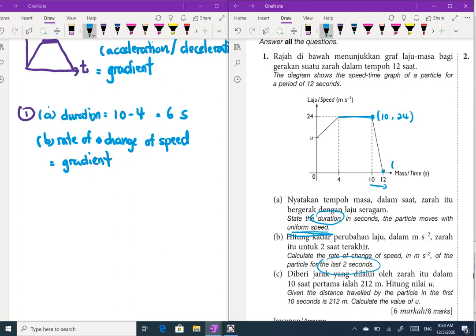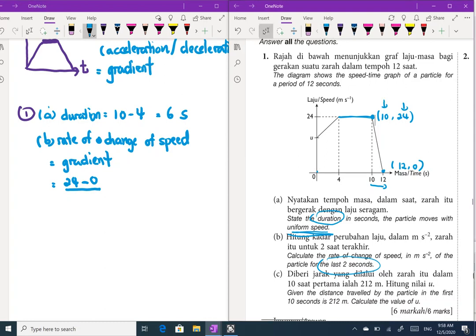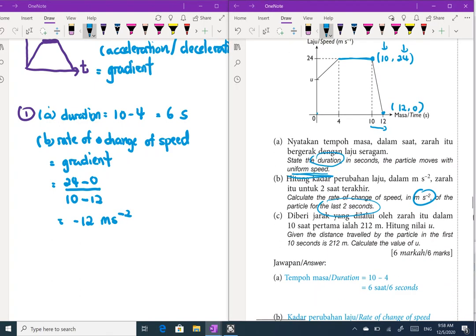This is from 12, our y is 0. So gradient is y over x. So y is 24 minus 0. You start from this point, your x must start from this point. 你 y 从这里开始，你 x 也要从这里开始。Okay, so you will get negative 12 ms negative 2.